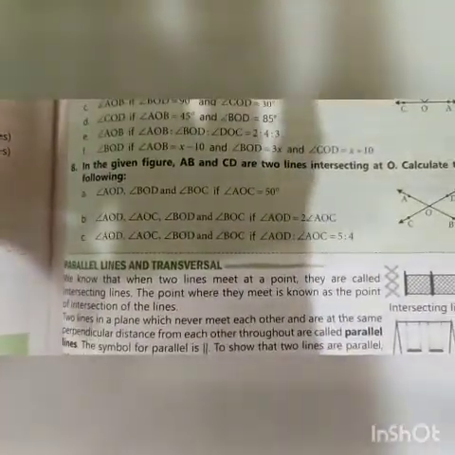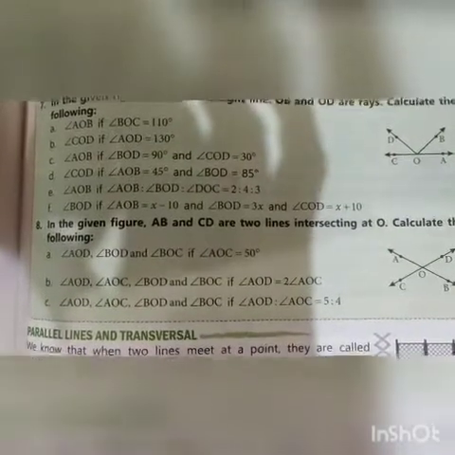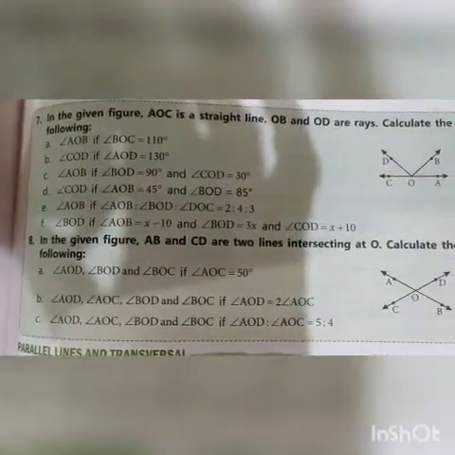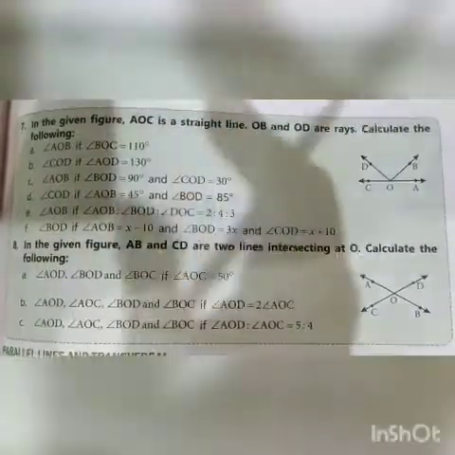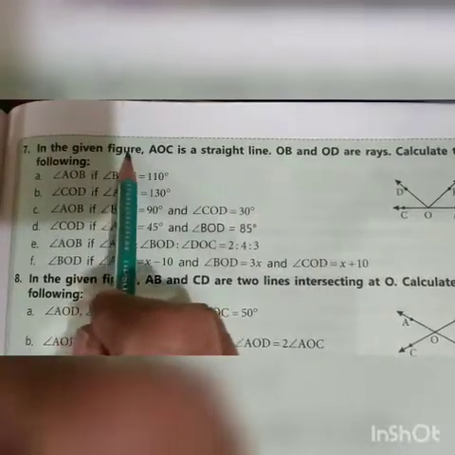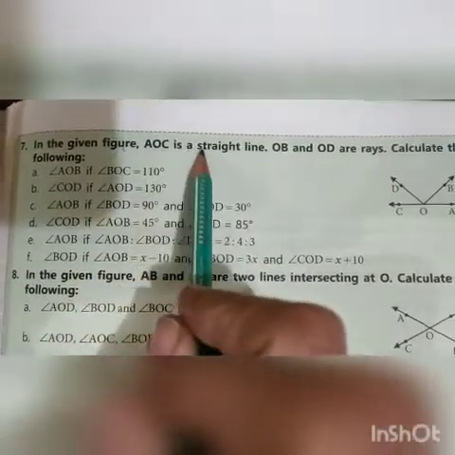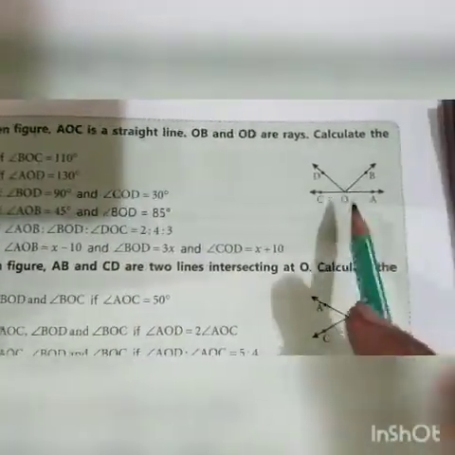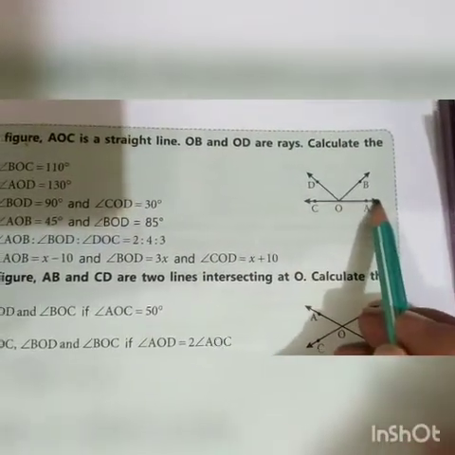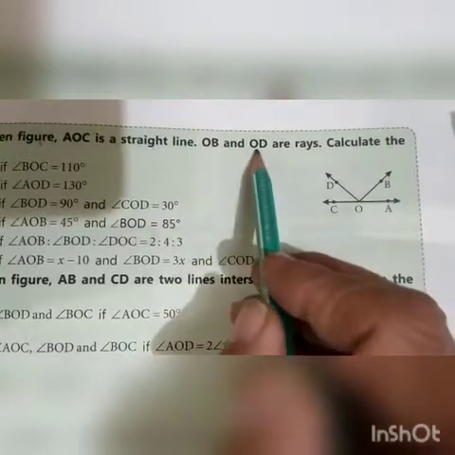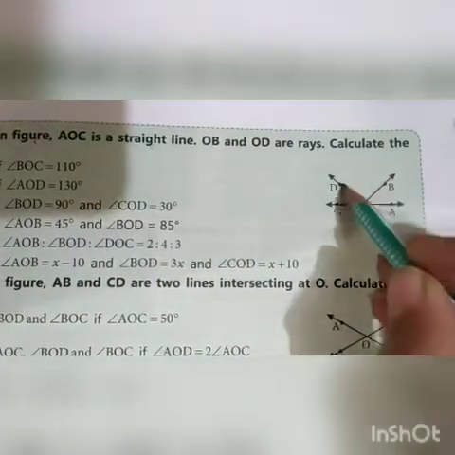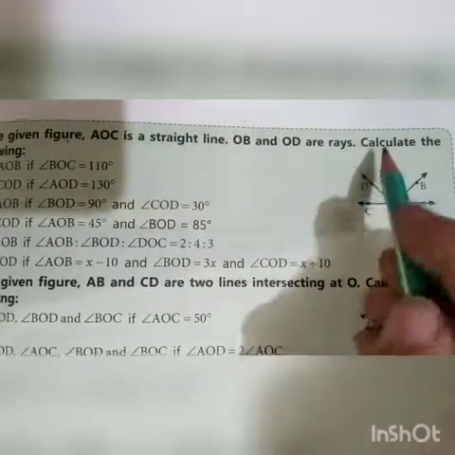Students, listen to the explanation of this question very carefully. Okay. So question number 7 is, in the given figure AOC is a straight line. OB and OD are rays.